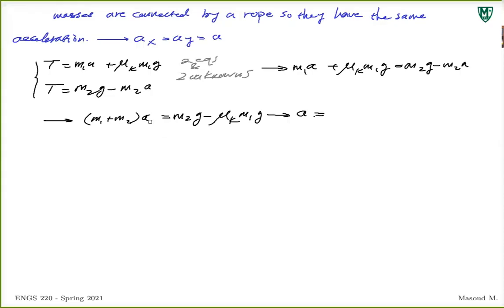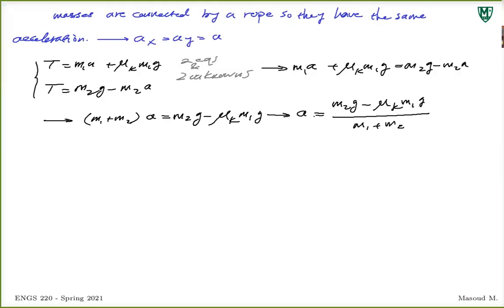So acceleration becomes whatever we have on the right divided by whatever we have on the left: M2G minus mu K M1G divided by M1 plus M2.